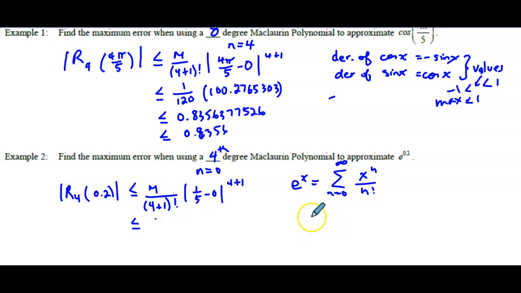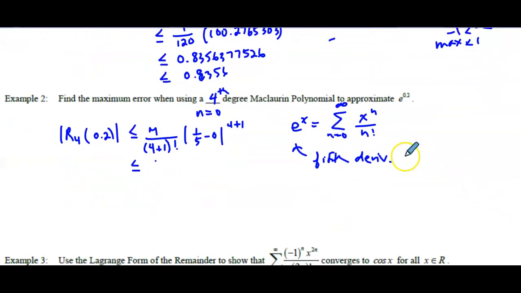So we want to look at the 5th derivative. Well, the derivative of e to the x is e to the x. So the 5th derivative is going to be e to the x. It doesn't really matter what degree we're going to do, it's always going to be that.